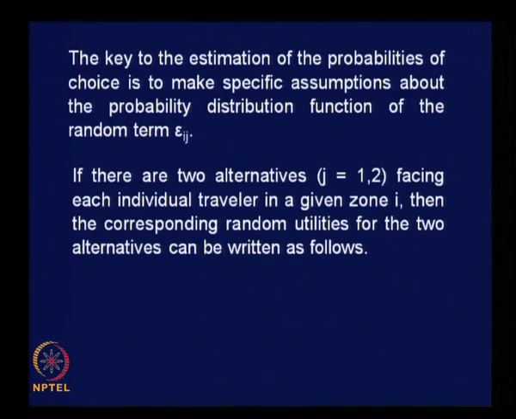There are suggestions available. If there are two alternatives, just to simplify the case, j equal to 1, 2 facing each individual traveler in a given zone i, then the corresponding random utilities for the two alternatives can be written as follows. It is very simple.